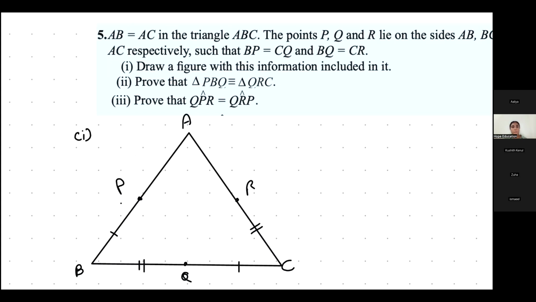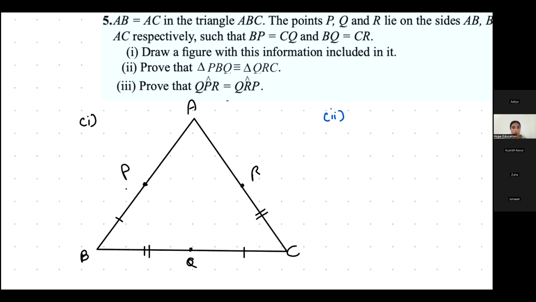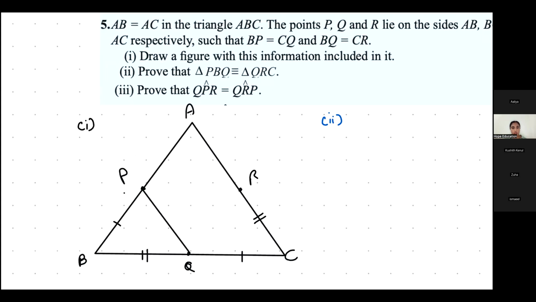Roman number 2. Prove that triangle PBQ, this one, is congruent to triangle QRC. So this is PBQ and this is QRC. We have to prove that they are congruent. What is the case that you would use for this?